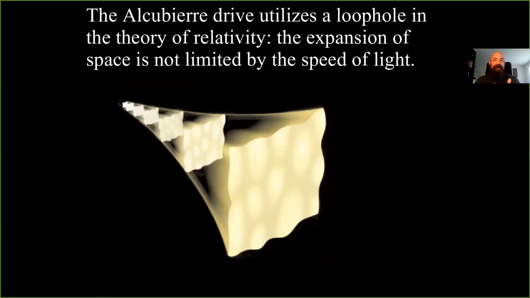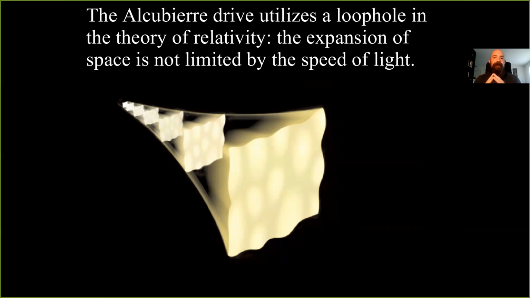So earlier in the talk, I emphasized that we can't go faster than the speed of light. And that's absolutely true. Matter moving through space cannot exceed the speed of light, period. That says nothing about space. And relativity tells us that space itself can expand and contract. And there's no reason that it can't do so much faster than light can travel.